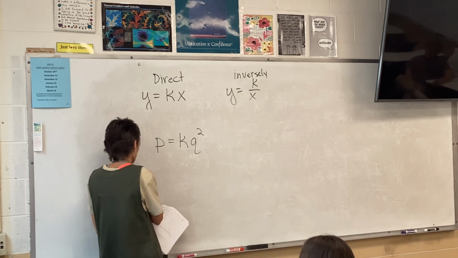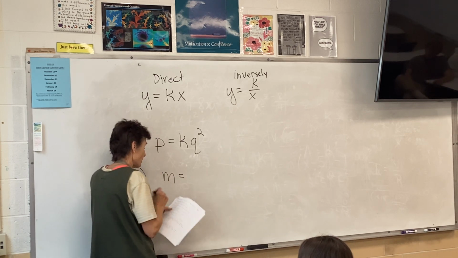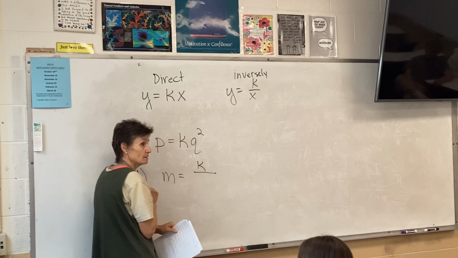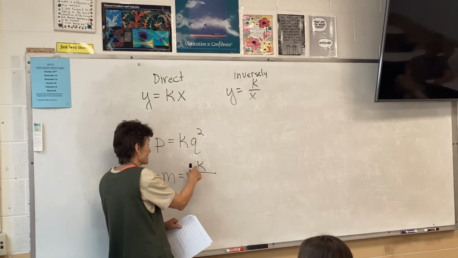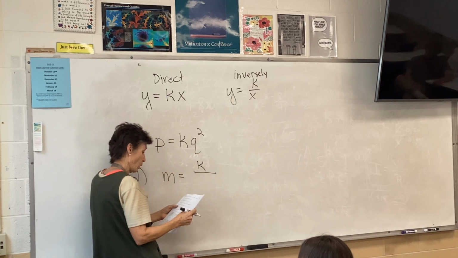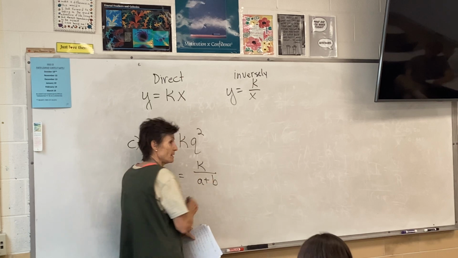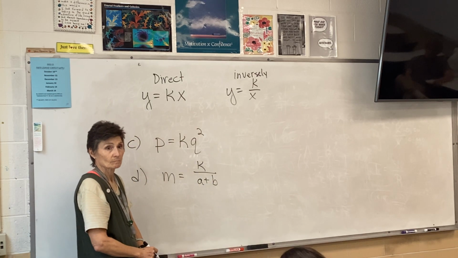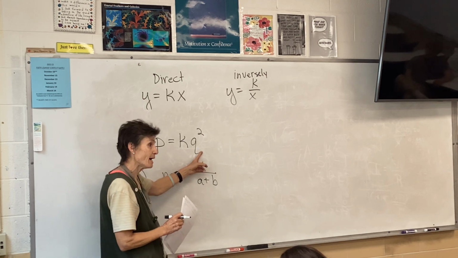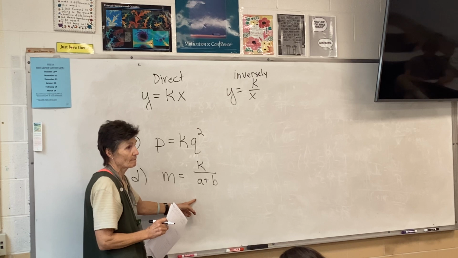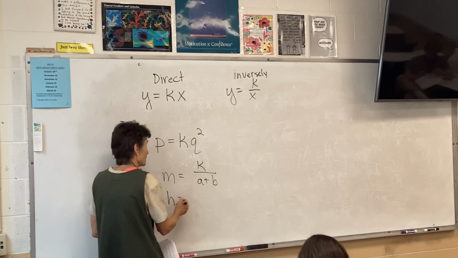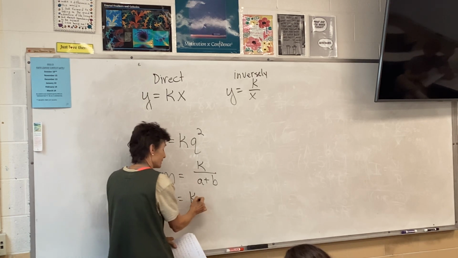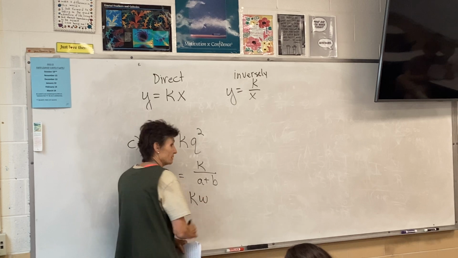D. M varies inversely. See how I set that up? M equals, and then since it's inversely, it's gonna be K over what? The sum of A and B? So it's either gonna be K times, or it's gonna be K divided by. Height varies directly as weight.